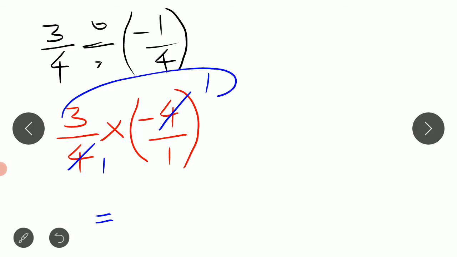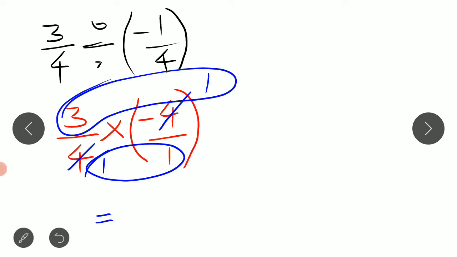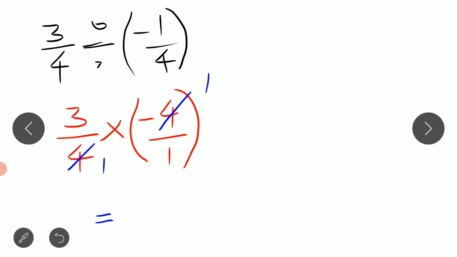So multiply the leftover numerators, then the leftover denominators. 3 ones are 3, 1 ones are 1, and minus. Don't forget we are dealing with rational numbers. Plus into minus is minus. So minus 3 by 1 becomes minus 3.